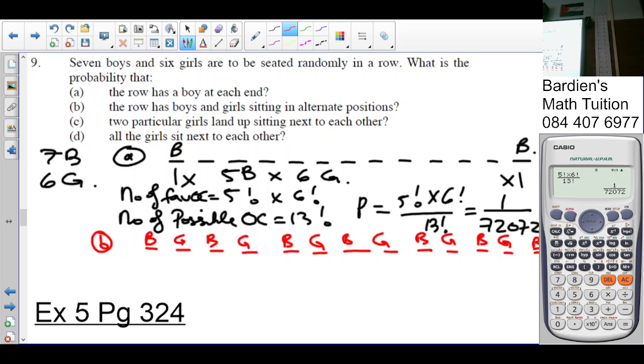So how many options do we have for the boy sitting in this position? We have 7, then 6, 5, 4, 3, 2, 1, and so on.